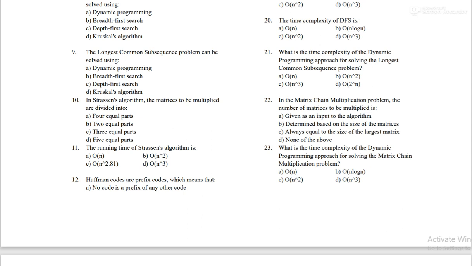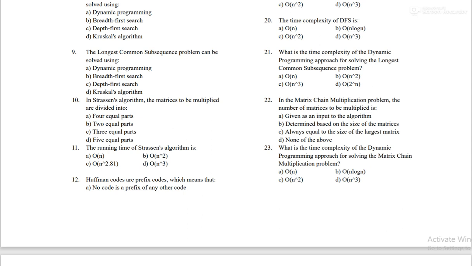It evaluates to n to the power 2.81. So the final answer for question 11 is option C, big O of n to the power 2.81.